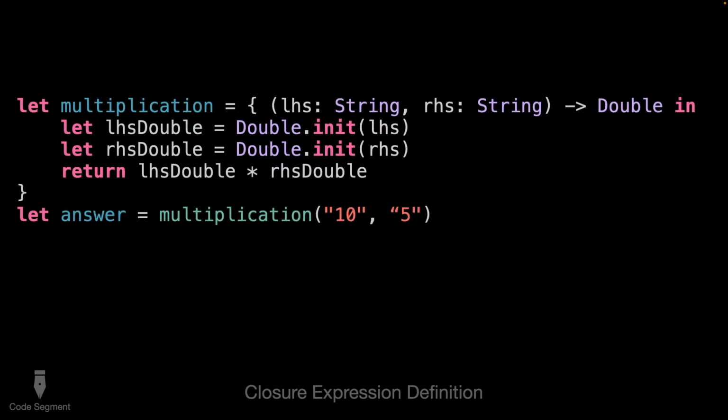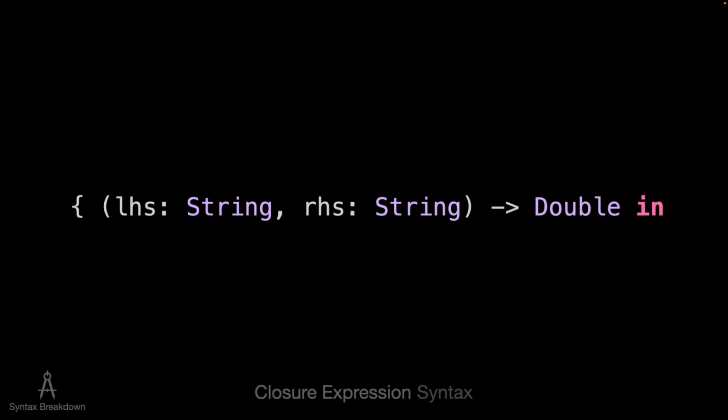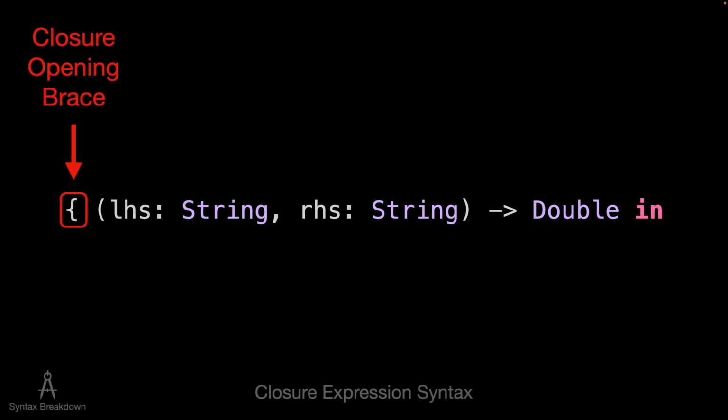All right, so let's look at how we define a closure expression. This is a closure expression. It looks kind of like a function, but a little bit different. So when we're first starting to define a closure expression, we open with a brace rather than something like the func keyword.